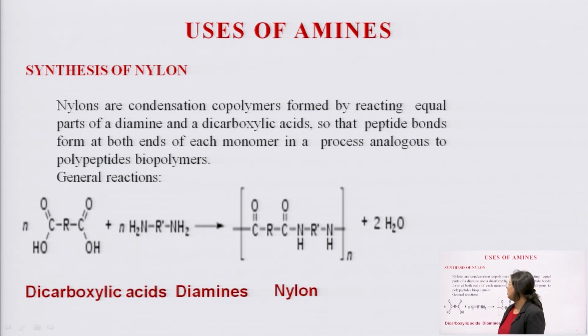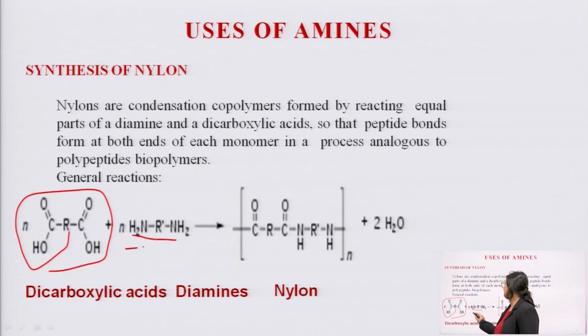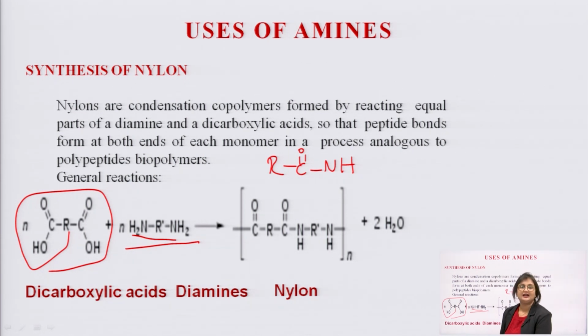When a dicarboxylic acid is made to react with a diamine, a peptide bond forms at both ends of each monomer. A peptide bond, C double bond O, NH bond, is formed at the ends of both monomers in a process analogous to the general reaction as we have shown.